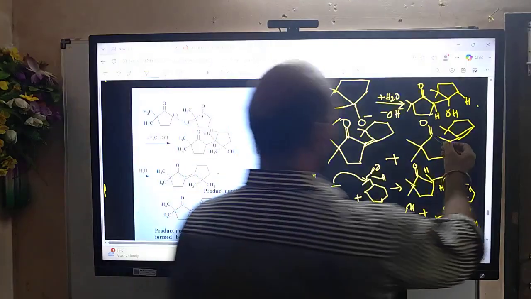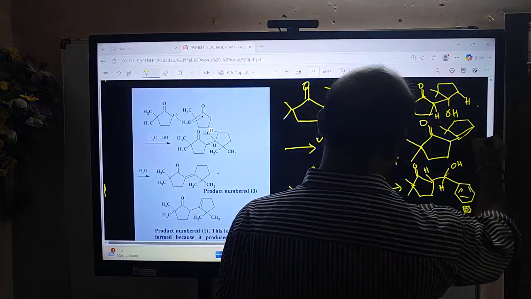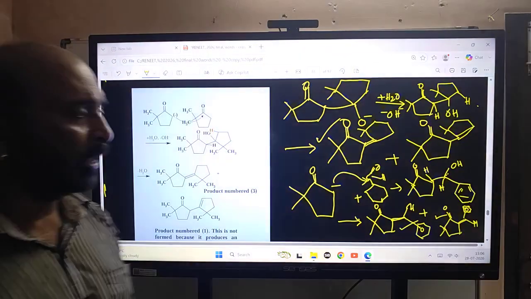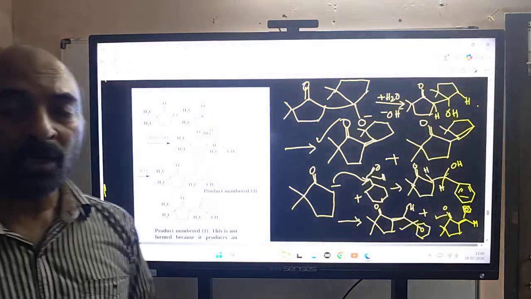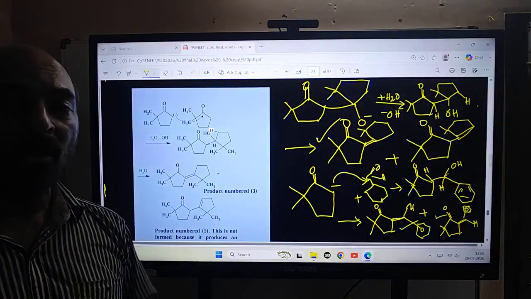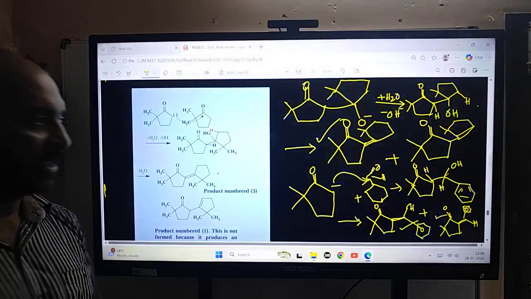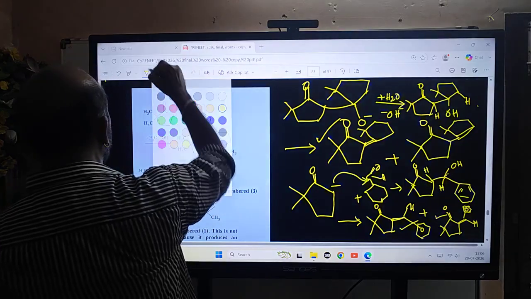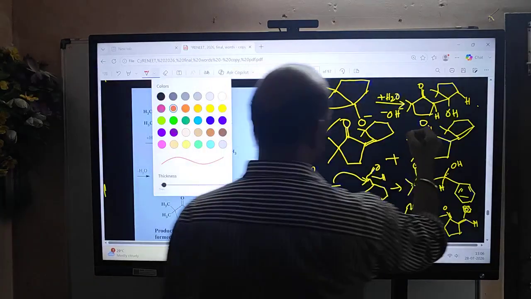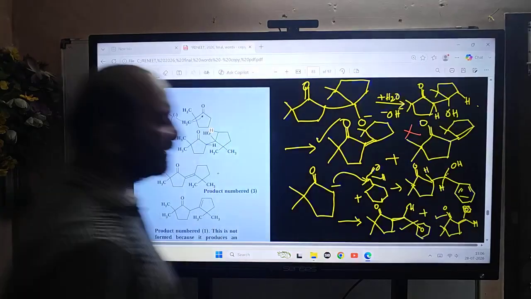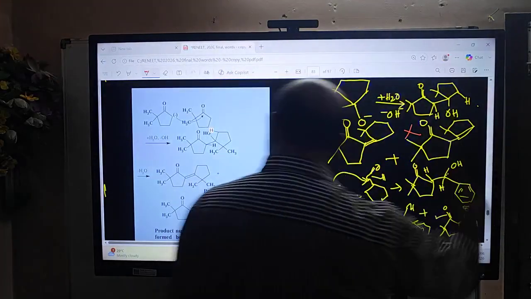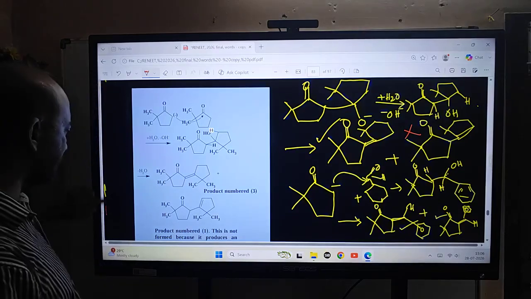Because it produces a double bond which cannot conjugate with the carbonyl group, and so does not contribute to the stability of the product. That's why this alone is not formed. Okay, that is the answer. Among the 4 given options, this, whatever be its number, is the answer.